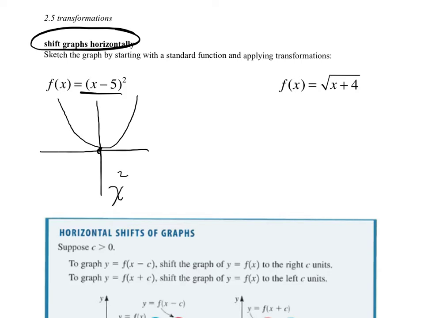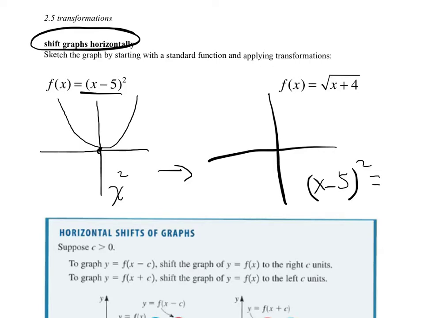Now, what happens to the x-intercept when you have x minus 5 squared? Remember, the x-intercept is the value of x that makes x minus 5 squared equal to 0. And so that happens when x equals 5.